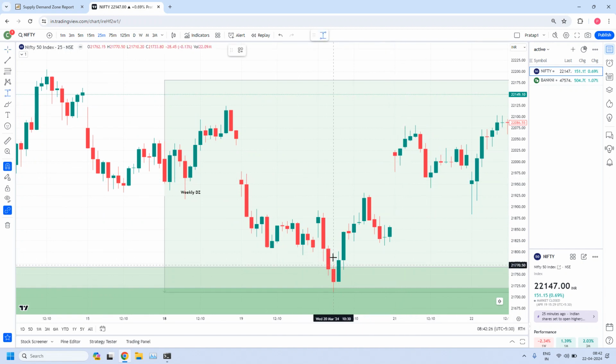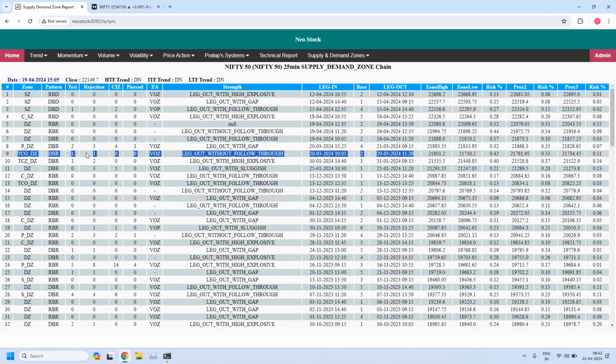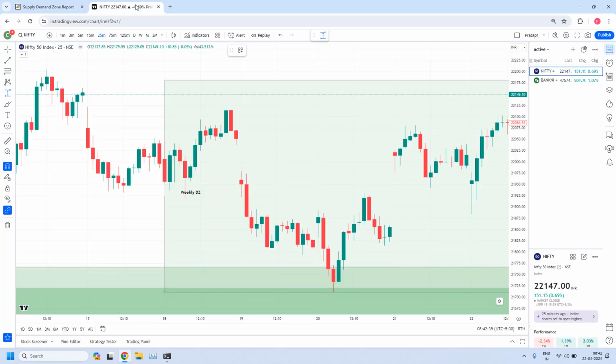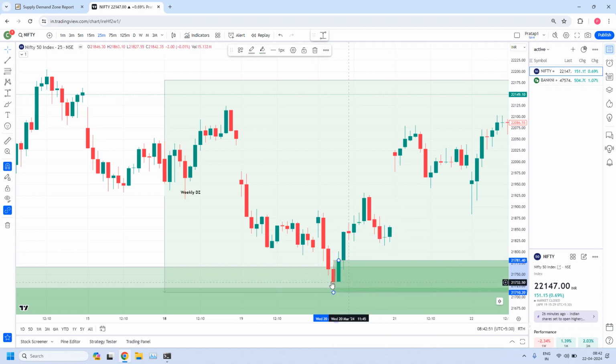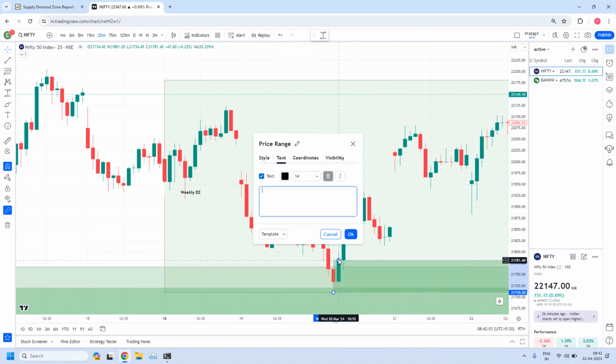Here we have 20 March 10:05 and 20 March 11:20. So this is at 25 minutes. This is the 25 minutes low priority high liquidity demand zone.